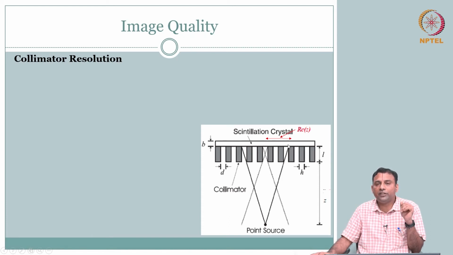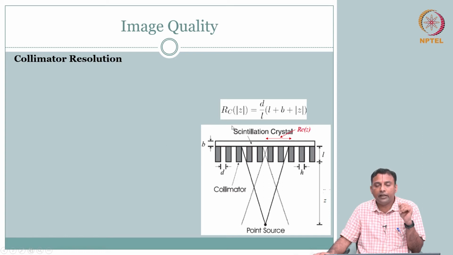What is the definition of resolution we have been using? Full width at half maximum, okay. So, if we do the geometry and solve for full width at half maximum, we get the collimator resolution to be d by L times (L plus B plus Z), in terms of the parameters that you see here. What is striking here?